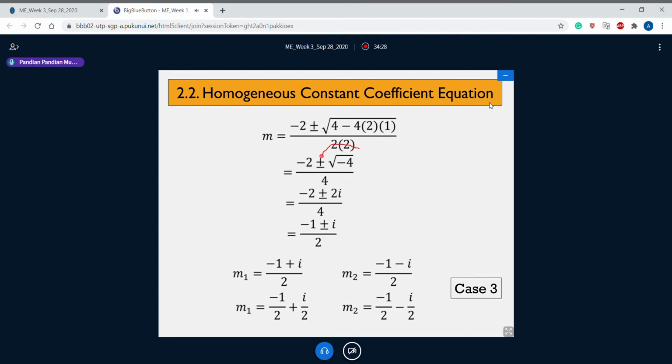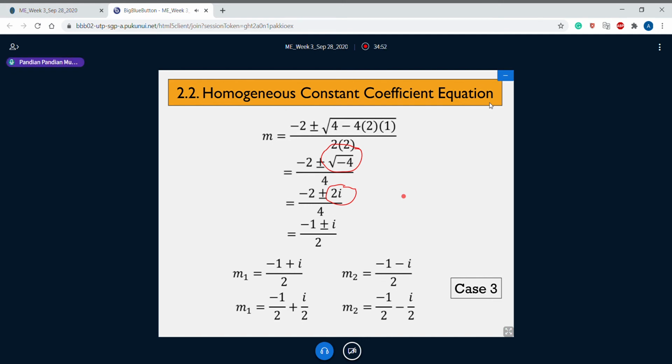But the problem with the root of -4: the answer is 2i. This one you have to study in complex numbers. In complex numbers, the root of 4 is 2, so the root of -4 is 2i.